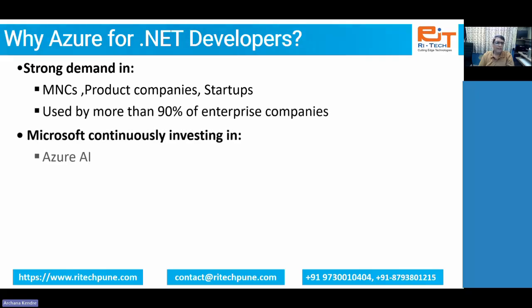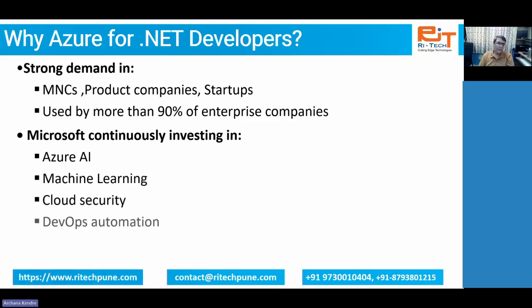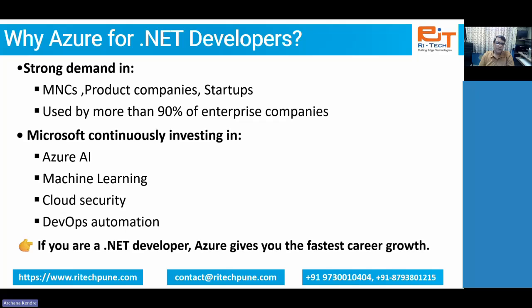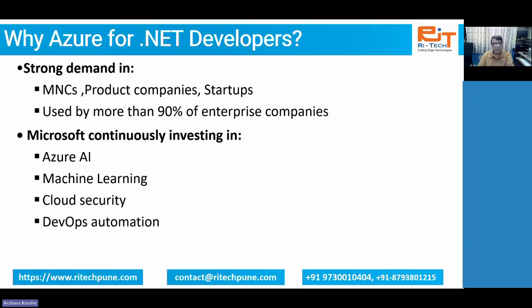Microsoft is continuously investing in Azure AI, machine learning, cloud security, and DevOps automation. A lot of things, including quantum computing: Microsoft is also working on quantum computing. All this technology will be in line with Microsoft Azure.